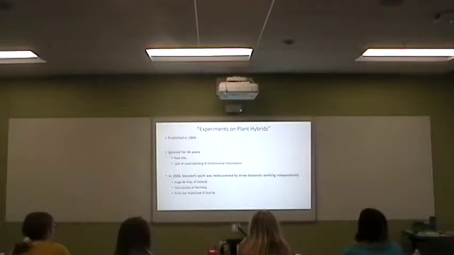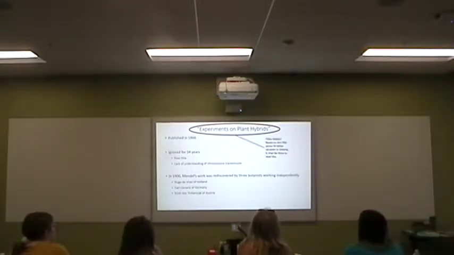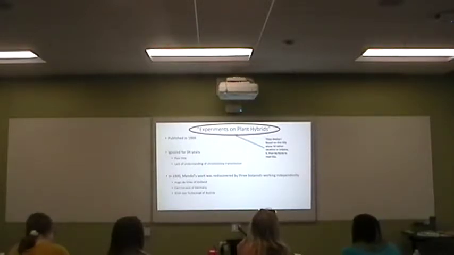He did all this research, he published it, and then it sat without anybody realizing what it was until three botanists, independently of each other, pulled his work and realized that it told us how genes are inherited. It is not a very eye-catching title, the one he used for his publication. Right? How many people want to read Experiments on Plant Hybrids?